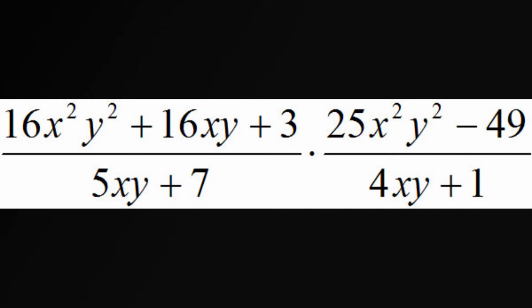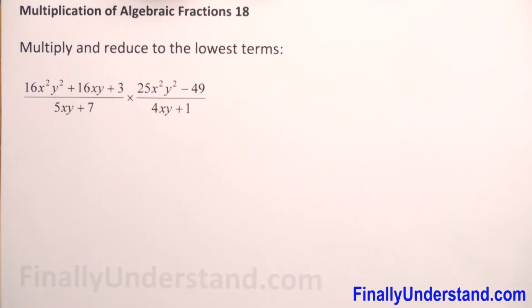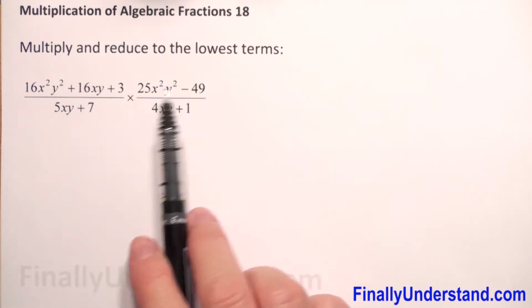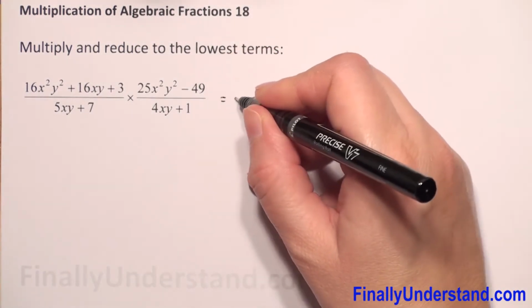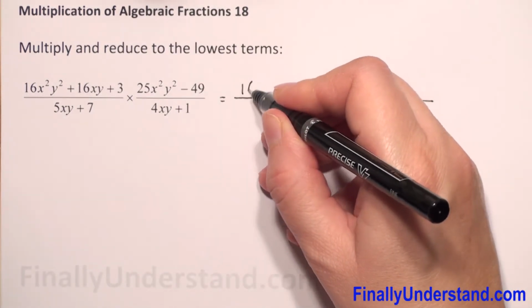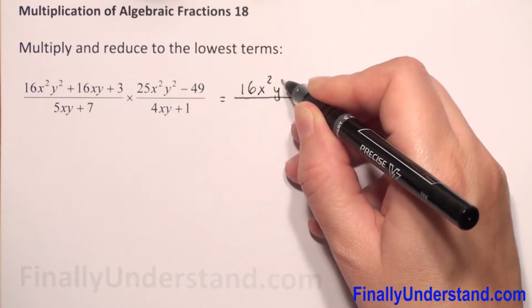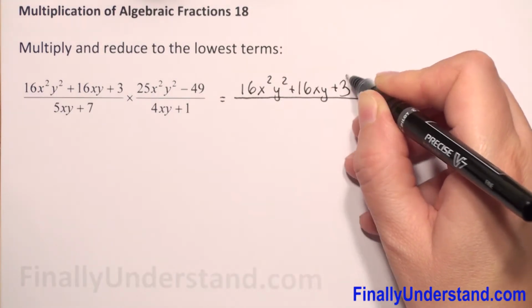When we have multiplication of algebraic fractions, it means we have to use the same rule as for multiplication of fractions. So we have to multiply numerator times numerator, denominator times denominator. So we can put one fraction bar, and in the numerator we will have 16x squared y squared plus 16xy plus 3.